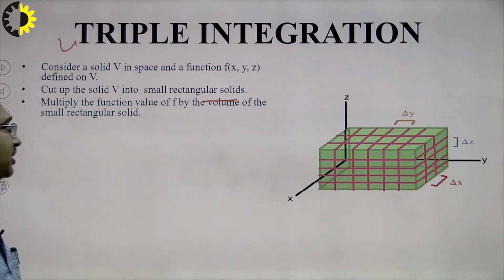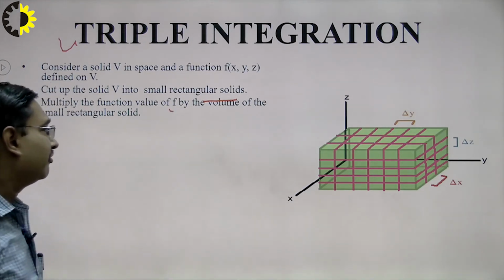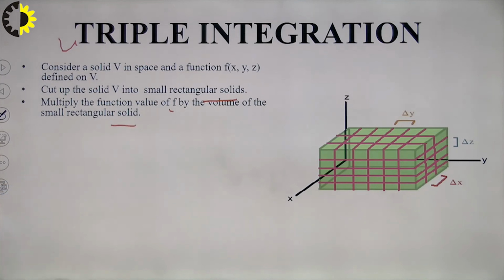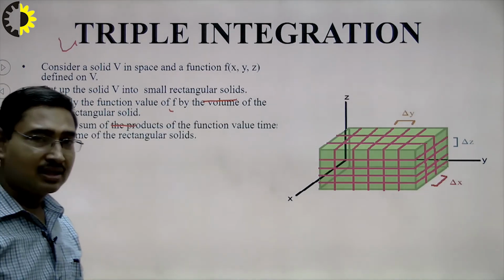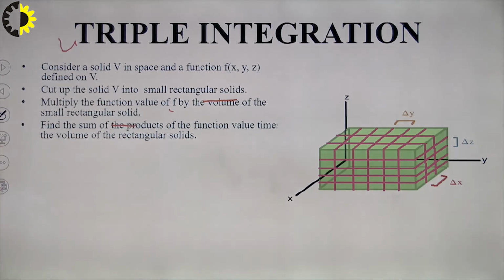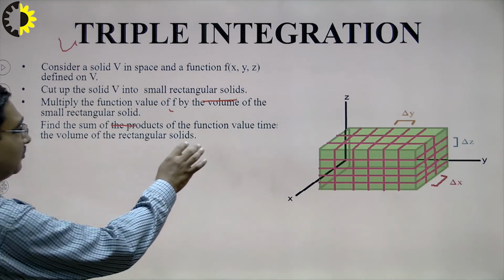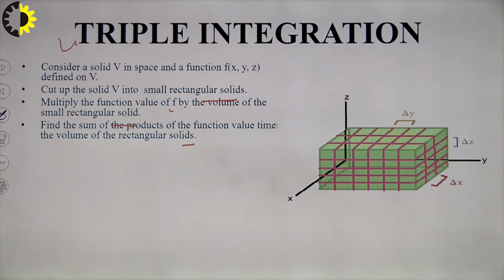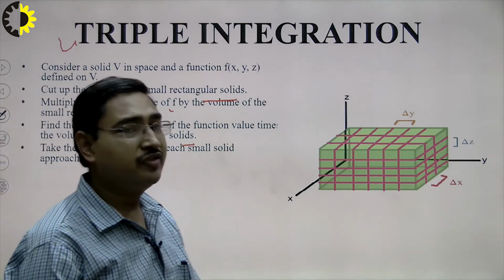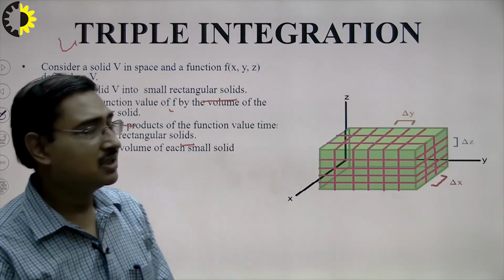Multiply the function value of f by the volume of the small rectangular solid. Find the sum of the products of the function value times the volume of the rectangular solid. Take the limit as the volume of each small solid approaches 0.